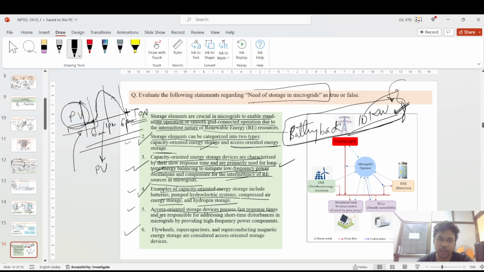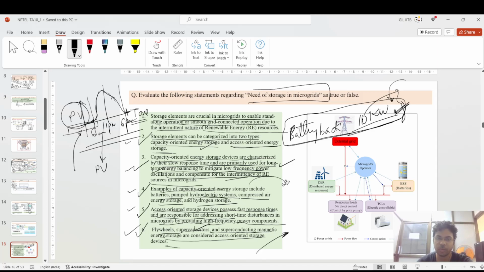And coming to the fifth, that is, access oriented storage devices possess fast response time and are responsible for addressing short time disturbance in the microgrid by providing high frequency power components. That is also true, and its example, that is the sixth, is also true: flywheels, supercapacitors, and superconducting magnetic energy storage are considered access oriented devices, because flywheels and supercapacitors can discharge the energy in a very short duration of time.